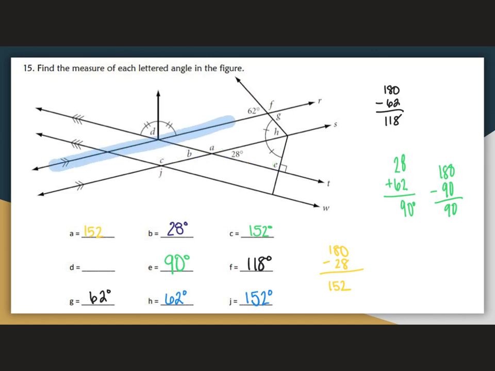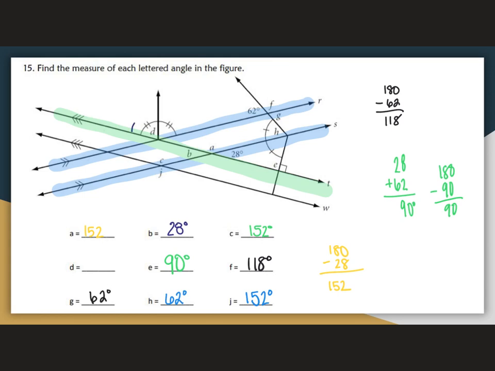Now to find the measure of angle D, I'm going to use these 2 parallel lines and this transversal. So if you look, I can see that angle D and this other angle that's marked congruent is corresponding to angle A. So we know corresponding angles are congruent, and angle A we had was 152 degrees.